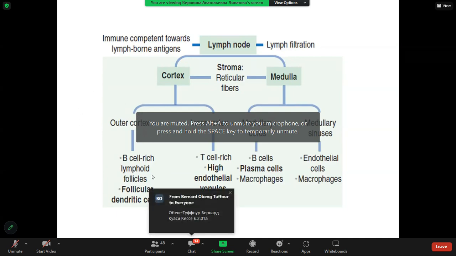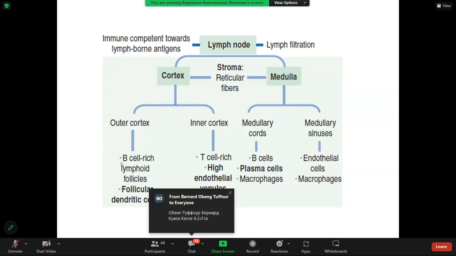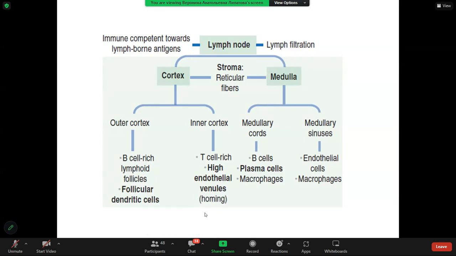Outer cortex, this is B zone, and inner cortex, T zone, with high endothelial venule for recirculation of T cells back to the bloodstream, and medulla into medullary cords and medullary sinuses.